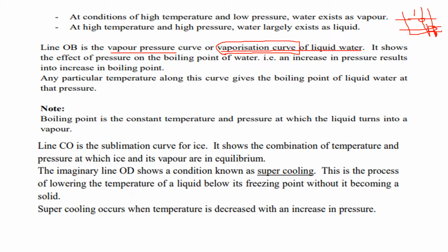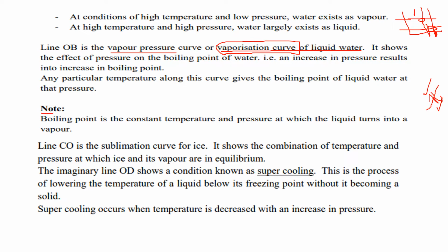Reason being, along all that curve, everything is in equilibrium, and if you are to see that equilibrium I told you to draw, that means that there is a dynamic balance between the phase this side and the phase this side. So across that curve, both of those phases are in equilibrium. Now we are seeing that note.